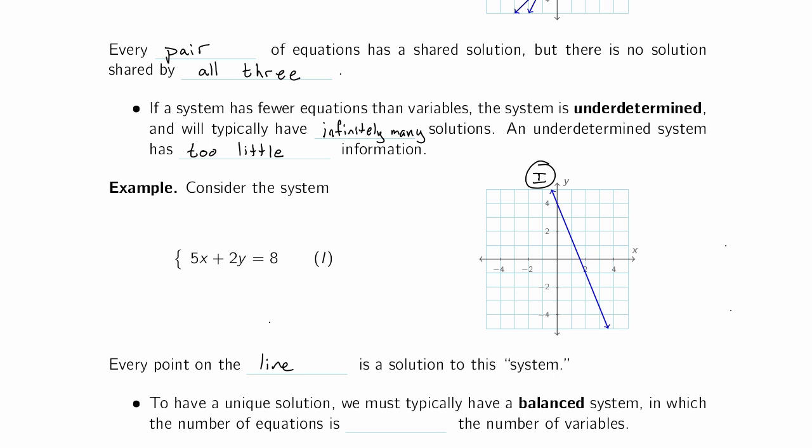If we have more variables than we have equations, we have an underdetermined system with infinitely many solutions. Okay, so when we want to actually solve a system, what we want to have is what's called a balanced system. In a balanced system, the number of equations is equal to the number of variables.